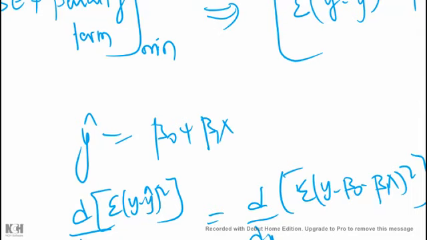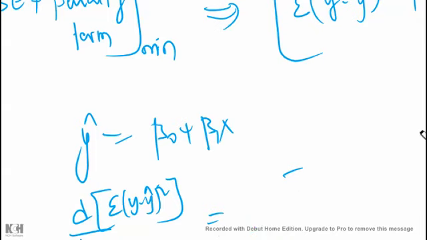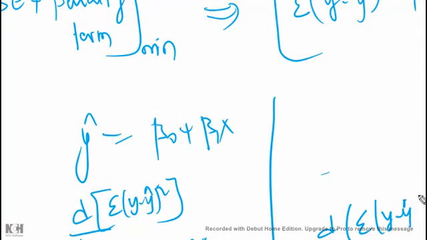Now, the same thing in ridge regression. What happens in the case of ridge regression? This is linear regression: d by dx of sigma of (y minus y hat) whole square. In ridge regression, you are trying to minimize (y minus y hat) whole square plus alpha into beta square. This should be minimum. That beta means slope only, that is beta 1.